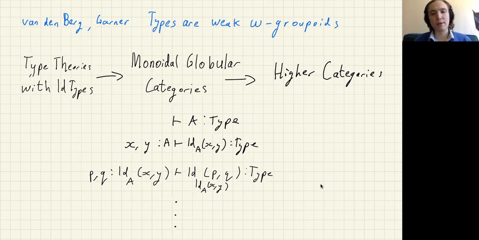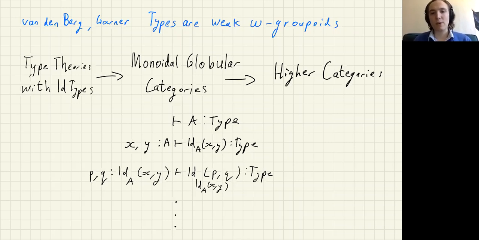I'll actually work with globular multi-categories, but they are to monoidal globular categories what multi-categories are to monoidal categories, so you don't really lose very much, and things work well. So I'll look at the image of that first functor, and we'll see that when you have a globular multi-category, you can ask for an extra structure on it called a homomorphism type. And you always have these homomorphism types whenever you start off with anything like a type theory with identity types.